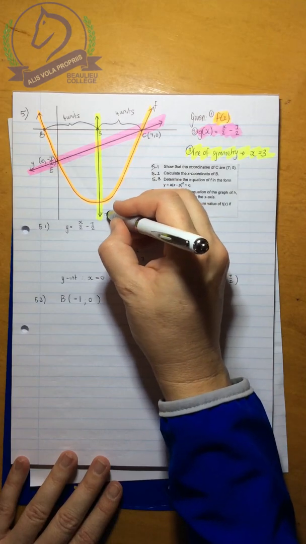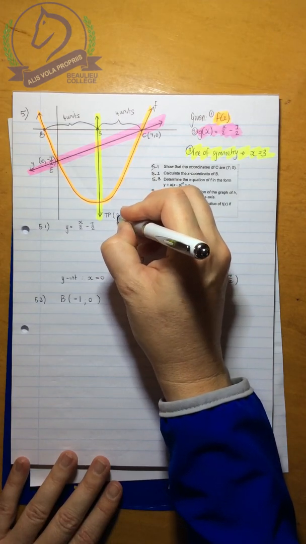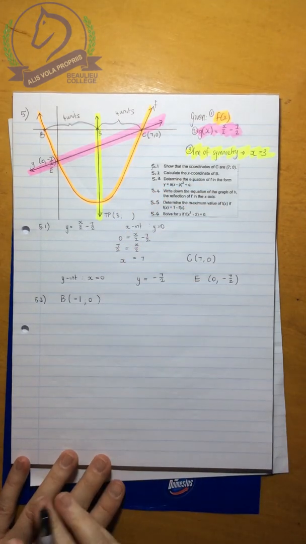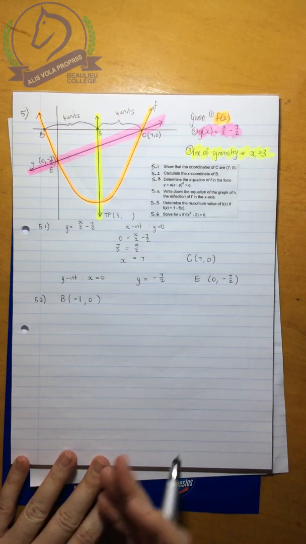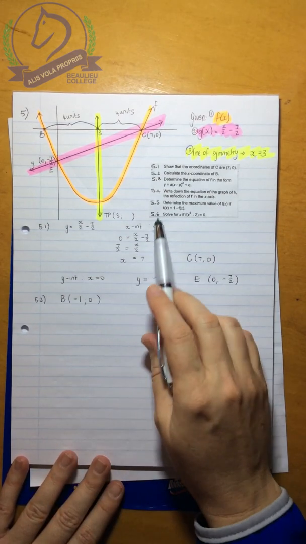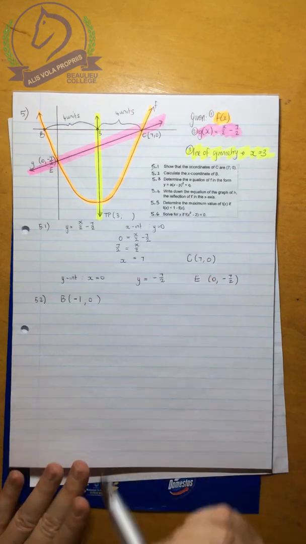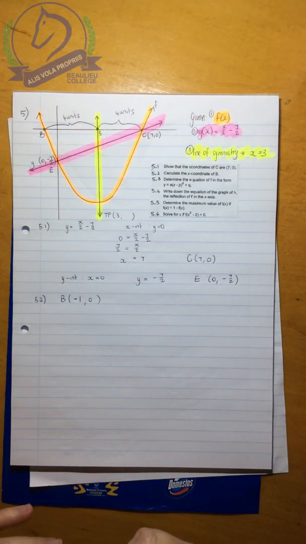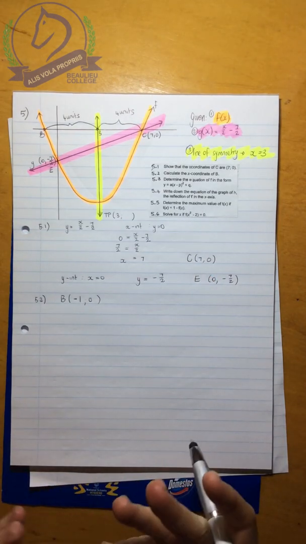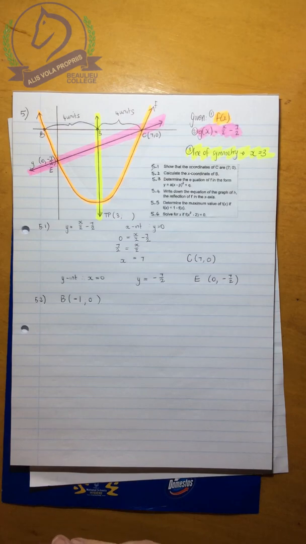Also, that line of symmetry indicates to you that my turning point has an x coordinate of 3, which leads into the next question, because in the next question they ask you to write the equation of the parabola in the form that you need the turning point of.